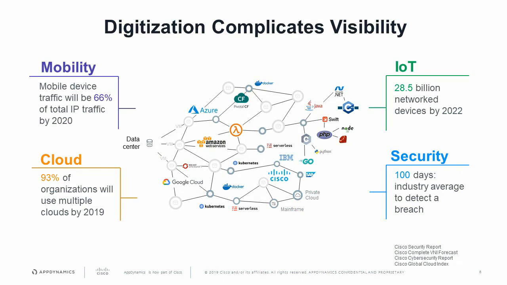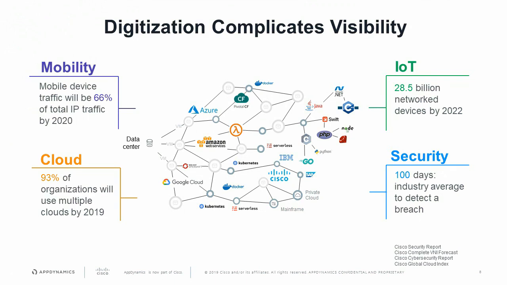Now, I want to share some data with you about the complexity of applications that we are looking at right now. By 2020, 66% of the total IP traffic will be coming in from mobile devices, which is why it's important that the performance of your applications to mobile devices is accelerated. 93% of the organizations are already using multiple clouds, so your multi-cloud environment becomes very important.